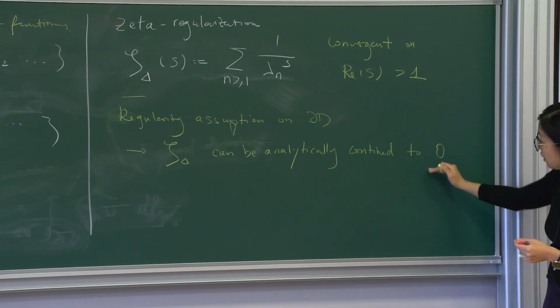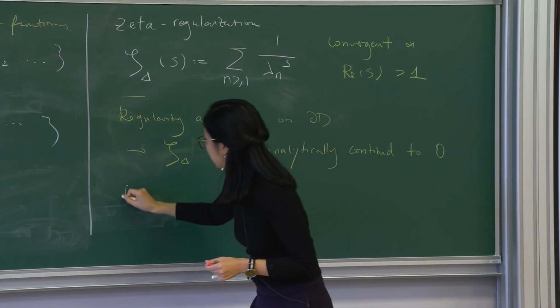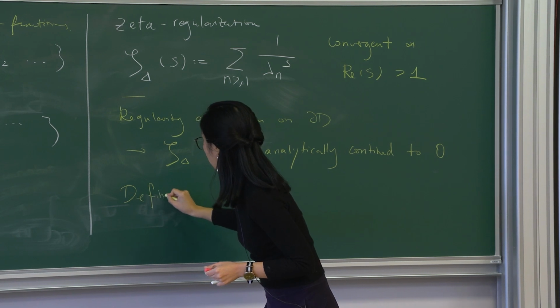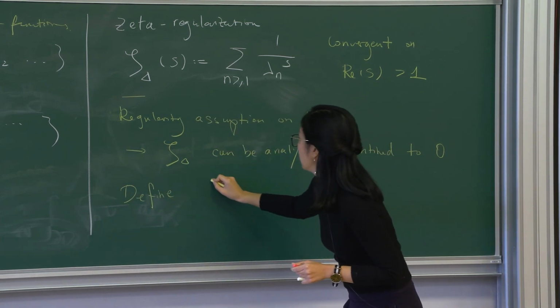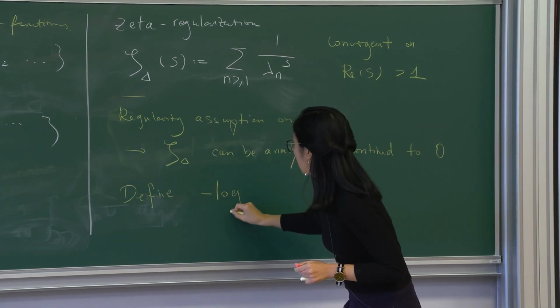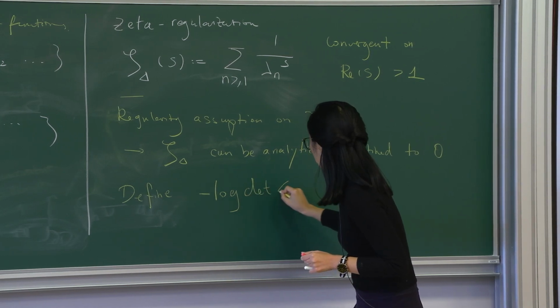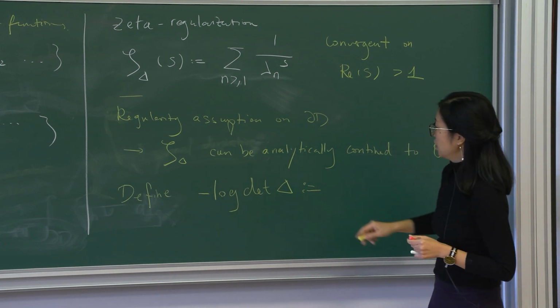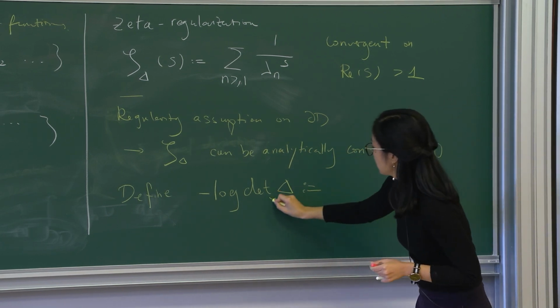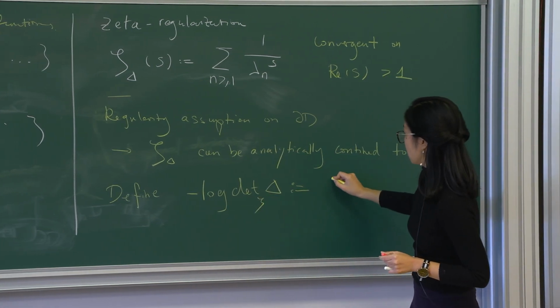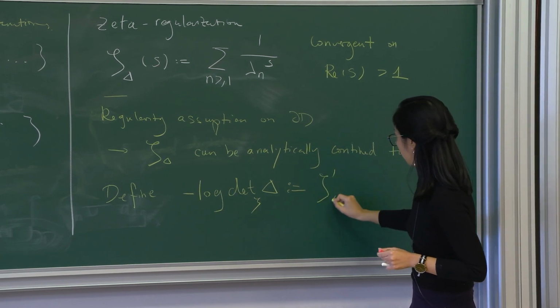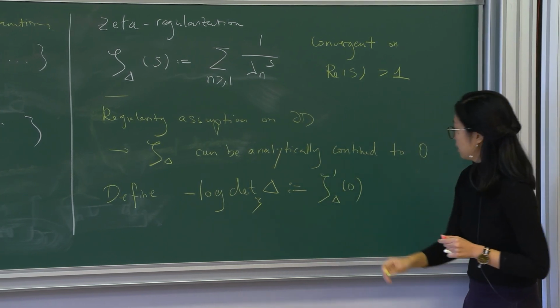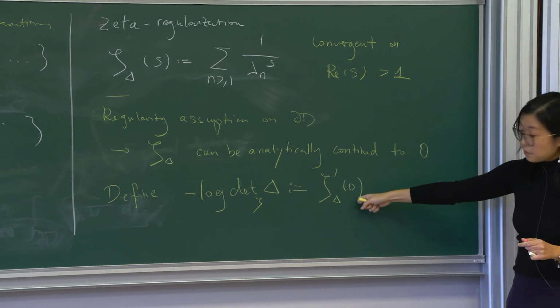It's holomorphic near 0, and we define minus log determinant of Laplacian equals Zeta prime at 0. So you have an analytic function, you can take the derivative at 0.